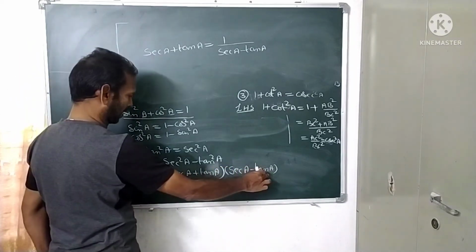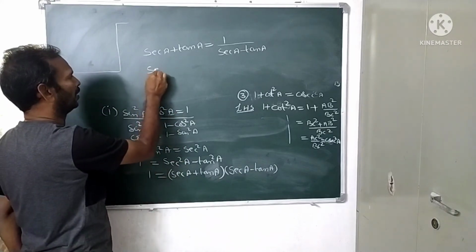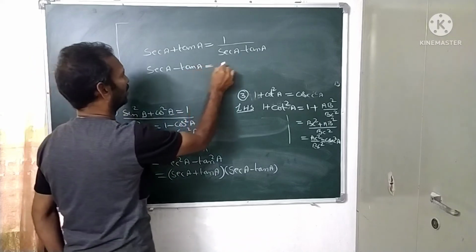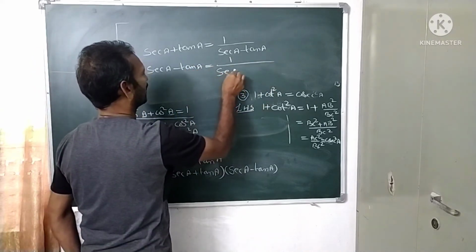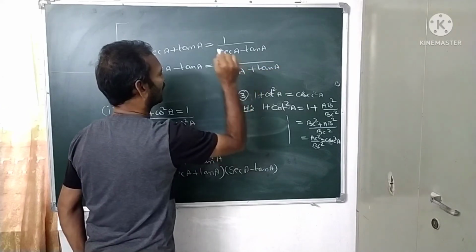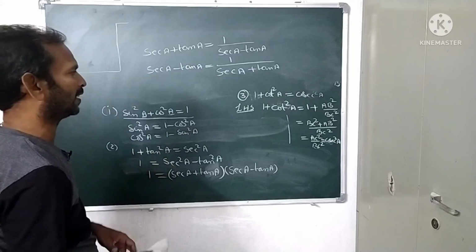Secant A minus tan A is equal to 1 by secant A plus tan A. This is another identity. So these two are sub identities for this main identity.